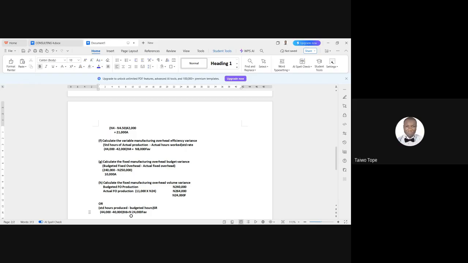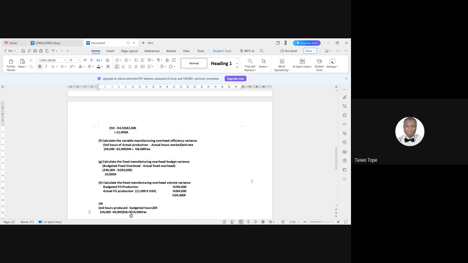Now, to get the rate, do you understand? To get the rate in terms of naira, what will you do? Divided by 40,000. Very good. It will be 240,000 divided by 40,000. You have 6 naira.